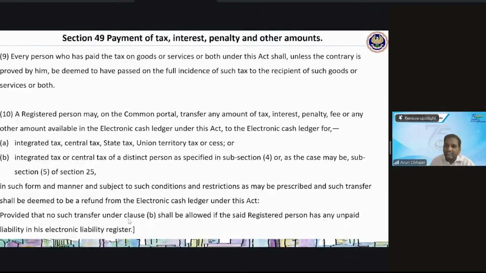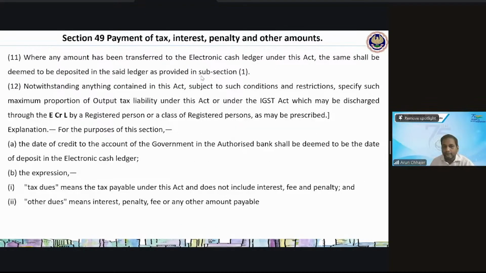But no such transfer is allowed if the registered person has any unpaid liability in the credit ledger. Where any amount has been transferred to the cash ledger under this Act, the same shall be deemed to be deposited in the said ledger. Notwithstanding anything contained, subject to conditions and restrictions specified, the maximum portion of the output tax liability may be discharged through the electronic credit ledger.